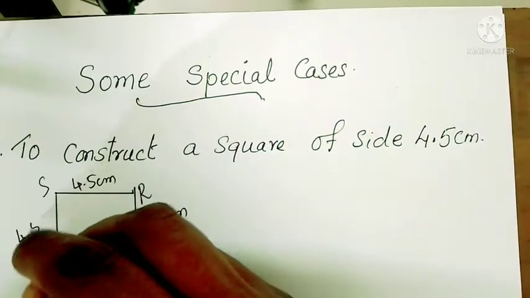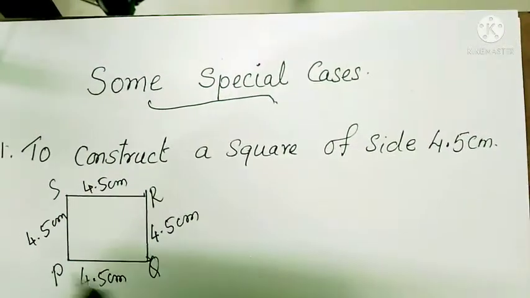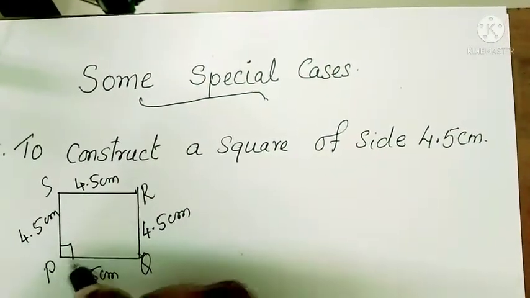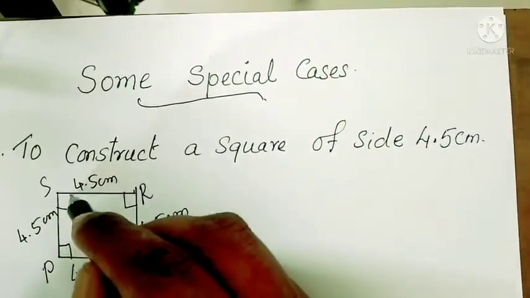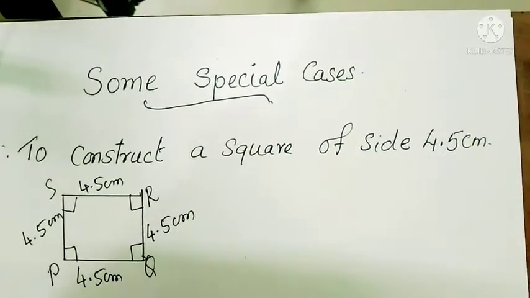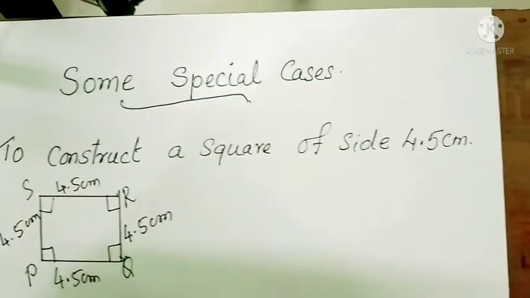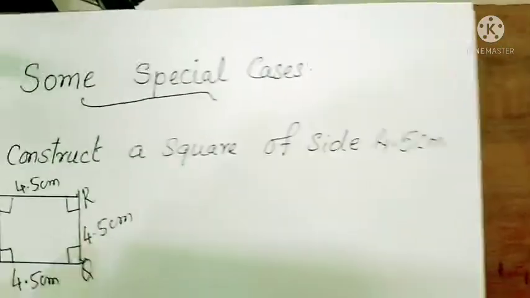So this is one piece of information. Another piece of information that we know is all the angles are 90 degree. So using these two pieces of information we are going to construct the square of 4.5 centimeter.